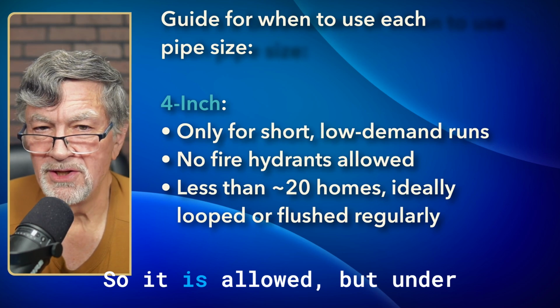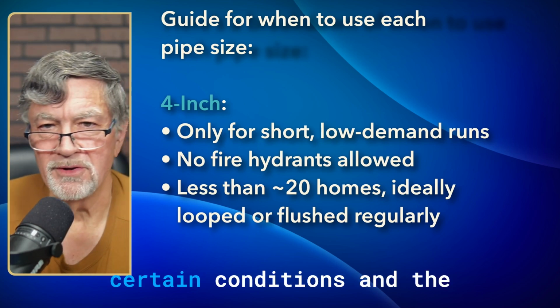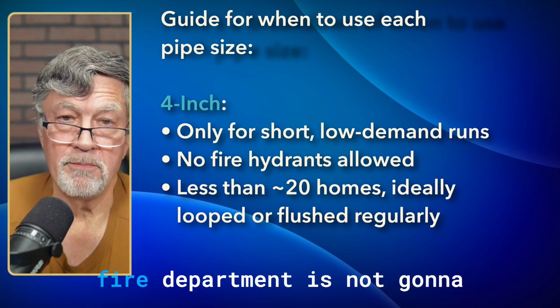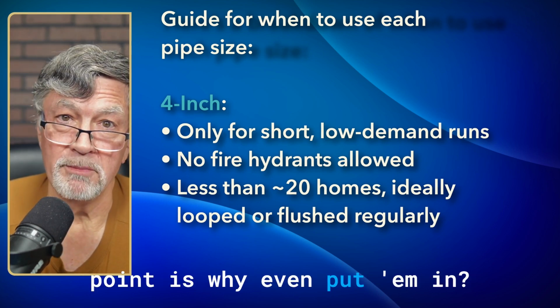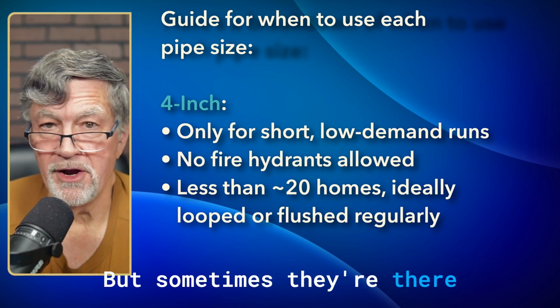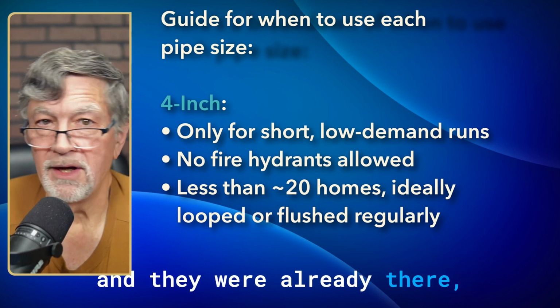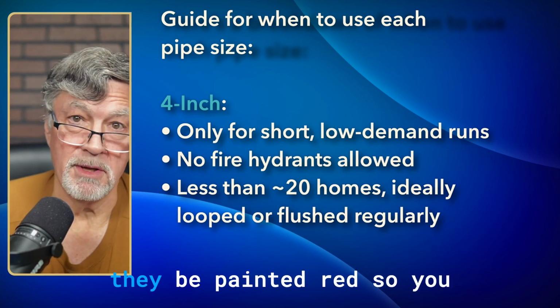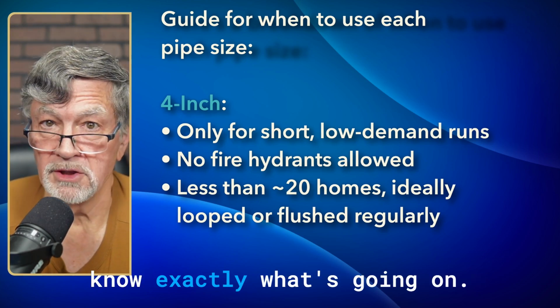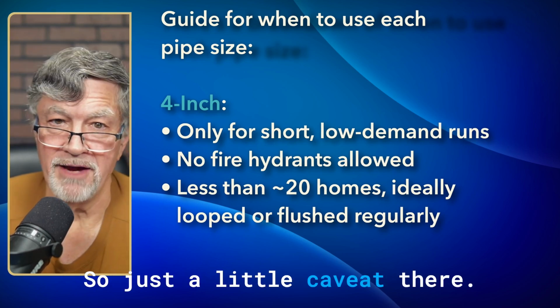So it is allowed, but under certain conditions, and the fire department is not going to be using those hydrants. My point is, why even put them in? But sometimes they're there and they were already there, and under lower pressures, they're not much good. The state of Tennessee requires they be painted red so you know exactly what's going on. So just a little caveat there.